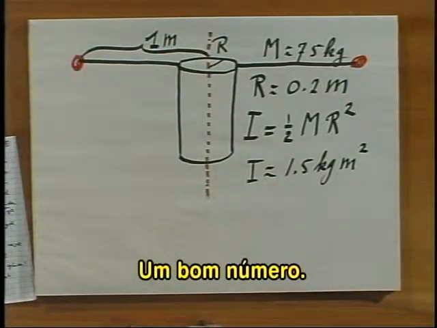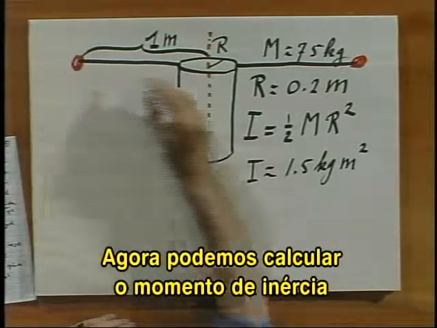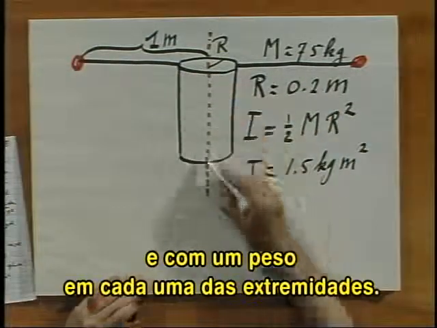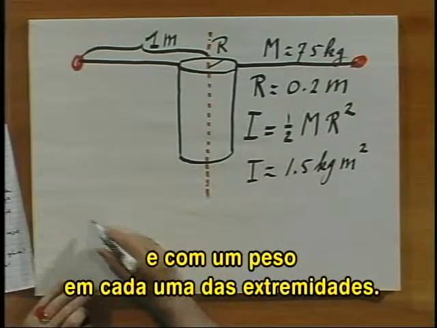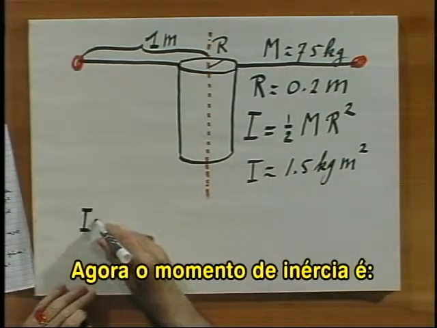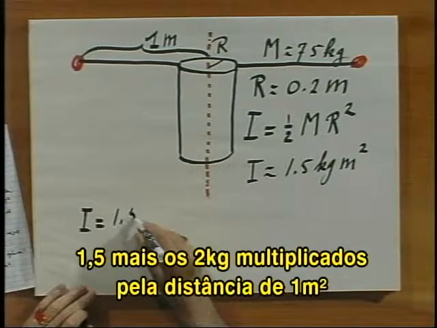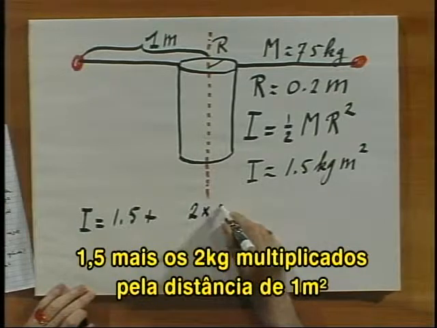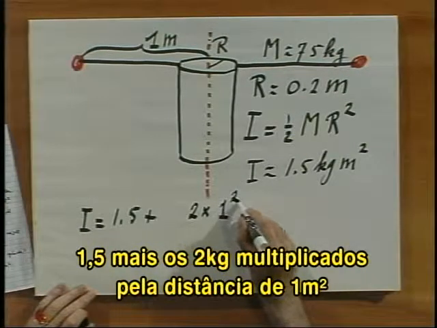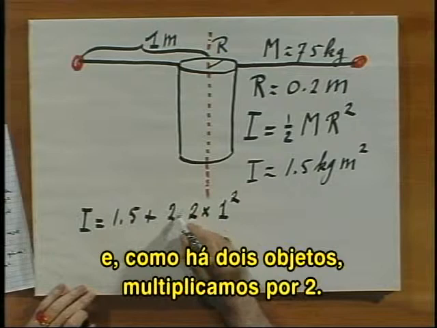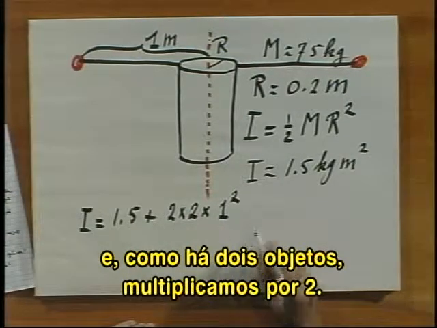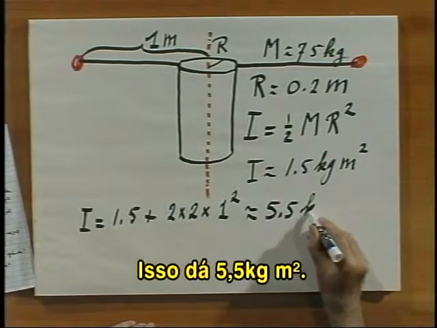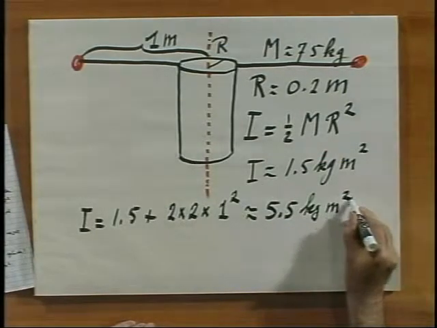Nice number. So the moment of inertia when the system is like this, with the arms stretched, the cylinder plus a weight here and a weight here, is the 1.5 plus the 2 kilograms multiplied by the distance 1 meter squared. And since there are two objects, I must multiply it by 2. And then I come up with about 5.5 kilogram meters squared.